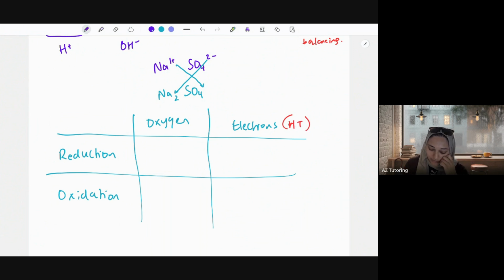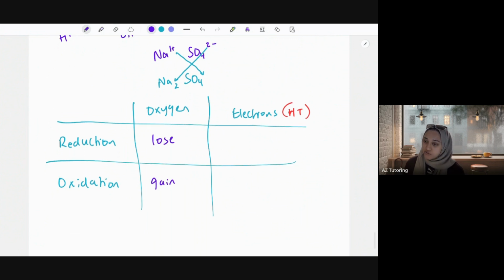Okay, if I'm doing foundation, do I need to know moles? No, you don't need to know moles if you're doing foundation. So oxygen, in terms of oxidation, is a bit self-explanatory. In oxidation, you are gaining oxygen. So therefore, in reduction, you're losing it. And then for electrons, it's opposite.